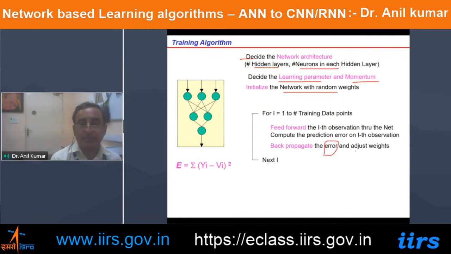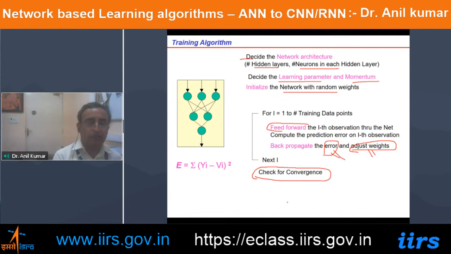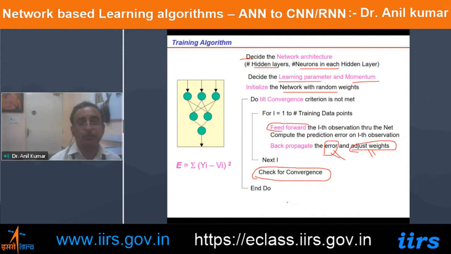If the error is not acceptable, adjust the weights. Once the weights are adjusted, go to the next iteration, feed forward the training data, get the error. If it is not acceptable, adjust the weights. So again, fire the training data of each class like that. This iterative process goes on, and you have to check for convergence. Once the error is acceptable, it will stop. Otherwise, it will go on doing the iterative process. This way, the training algorithm of ANN works.